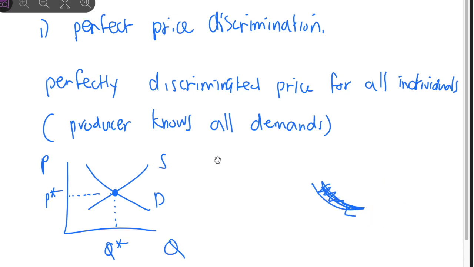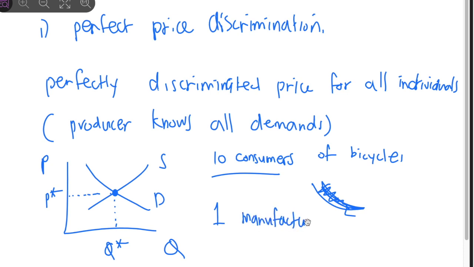So let's assume in the market we have 10 consumers of bicycle. So everyone needs a bicycle and we have 10 consumers and there is only one manufacturer of bicycle, right?